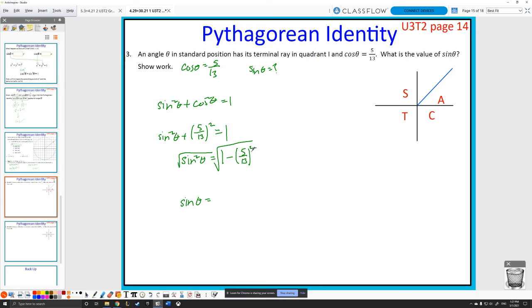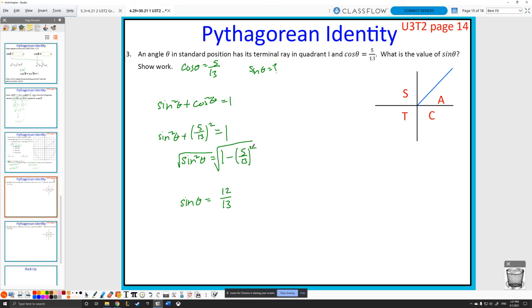So the square root of 1 minus 5 over 13 quantity squared is going to equal 12 over 13. Now, if you need help with this calculation, let me know. But if you had to do this on a calculator, I would do 5 over 13, then square it, then 1 minus that answer, then square root it.